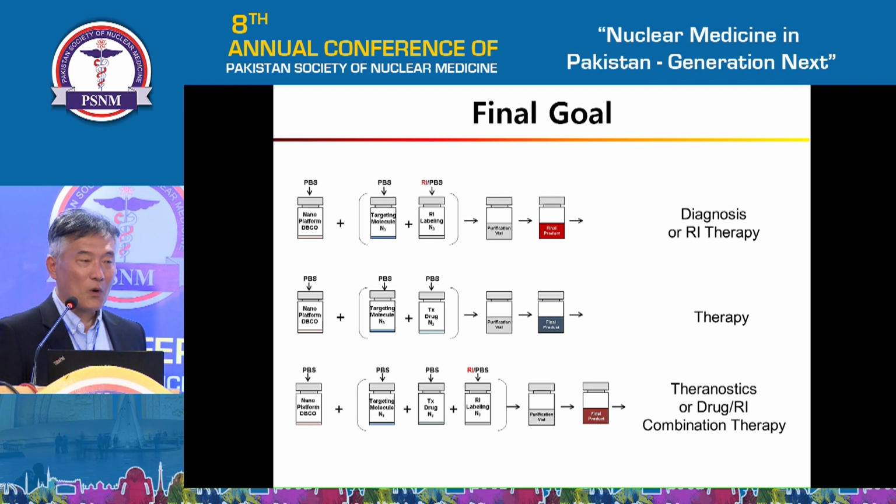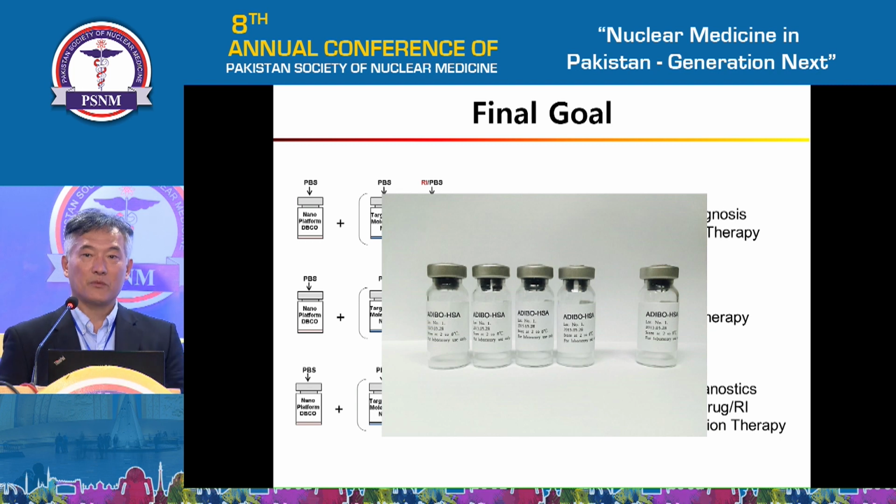My final goal is that we have already set up the kit formulation of these albumin nanoplatforms, which can be used for diagnosis, therapy, or theranostics for human use. Monthly we produce more than 100 vials.